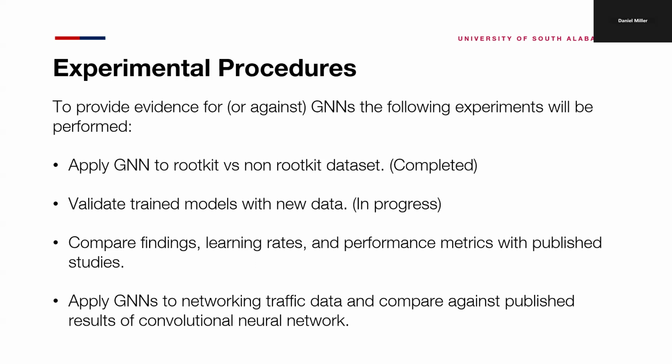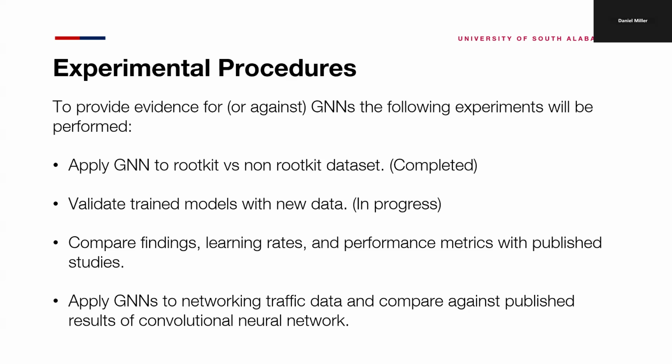For the experiments that I'm planning on running and have run so far, I want to apply graph neural networks to data sets that have published results on them already. That has been completed. I just got some wonderful new data for me to validate the models that I've trained, so that is in progress.